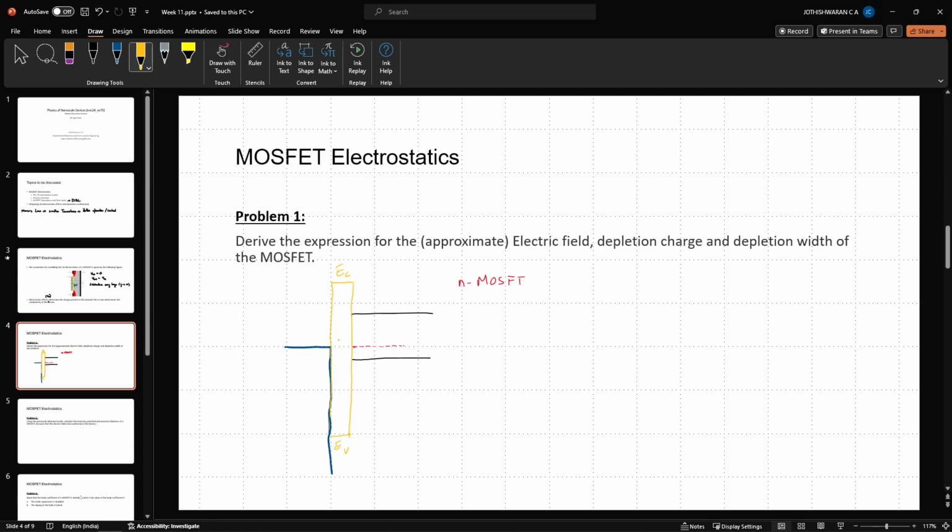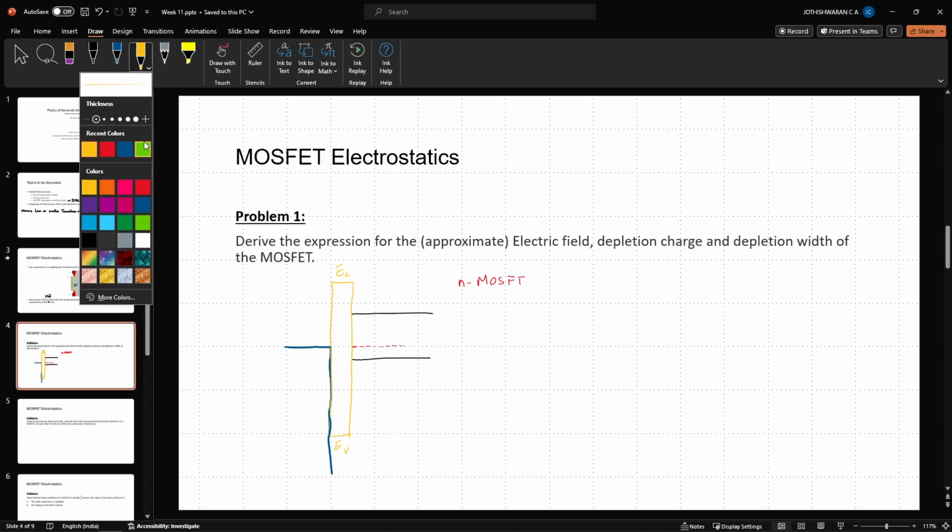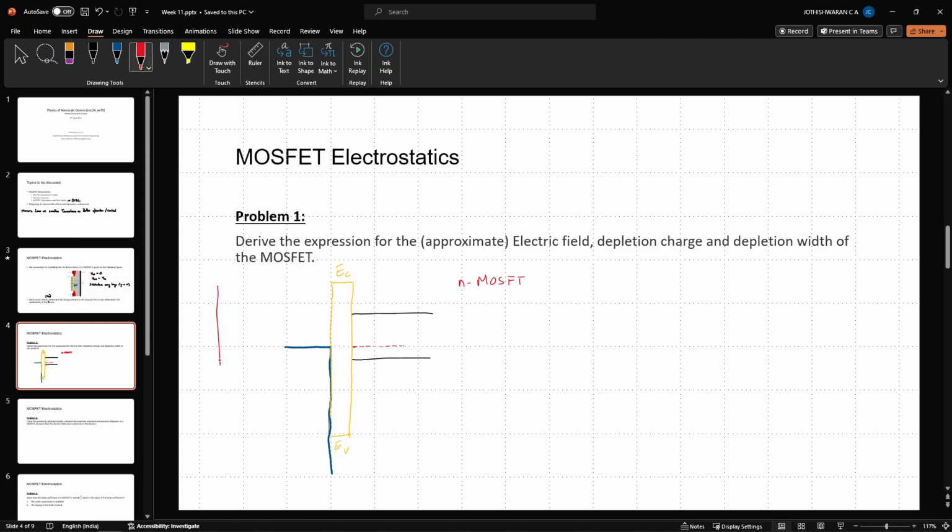Let me draw the axis. Red is more visible, so this is our energy axis, and here we have the y-axis.